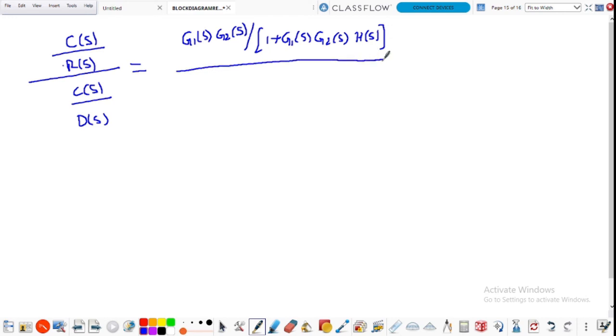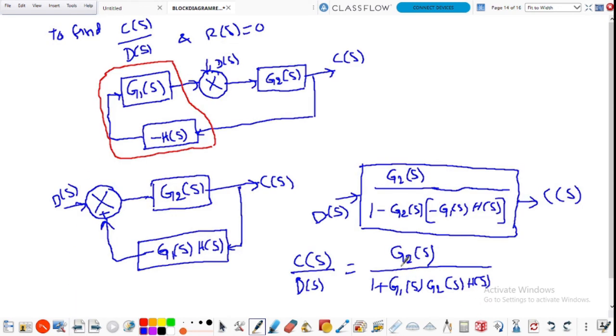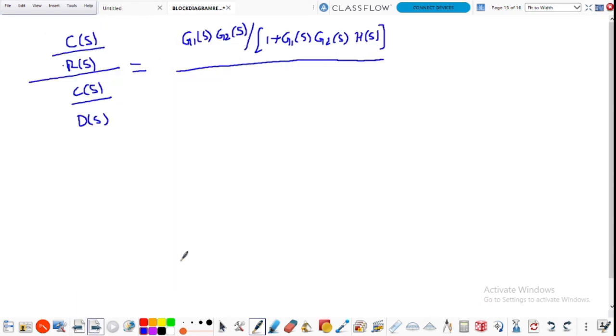C of S by D of S value already calculated, so that is G2 of S by 1 plus G1 of S, G2 of S into H of S.